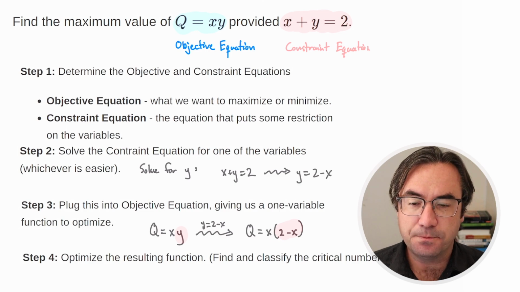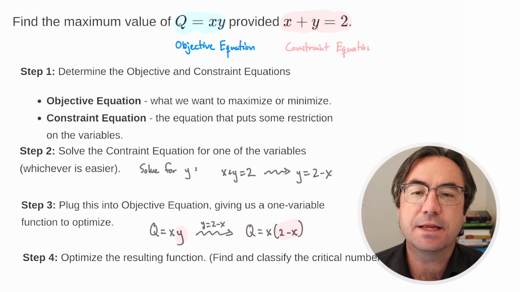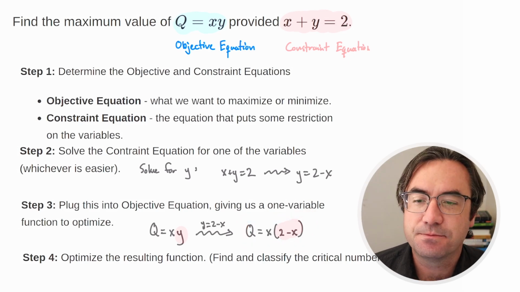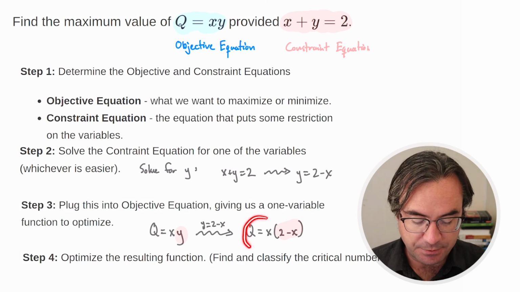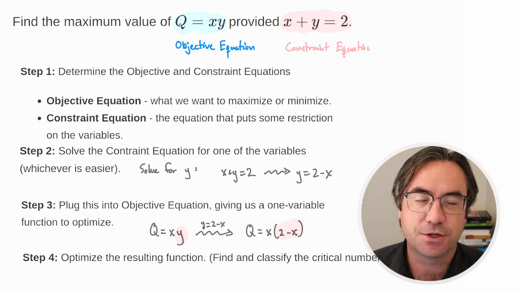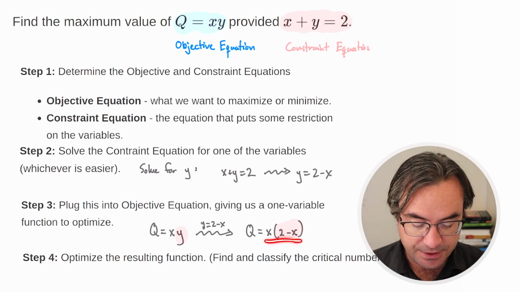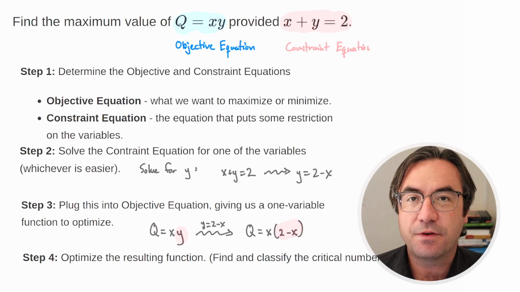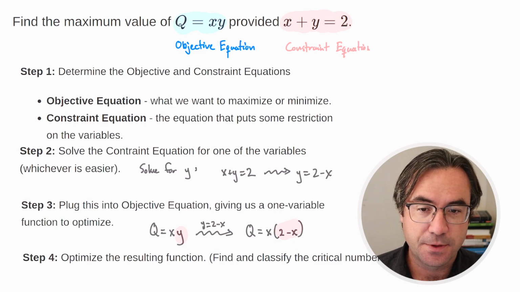All right, so now we have a one variable function, and now we get to the standard optimization techniques that we've done. We're going to optimize this function. We're going to find the critical numbers, and then we'll classify the critical numbers, the usual stuff we've been doing so far. To find the critical numbers, we're going to do the first derivative.